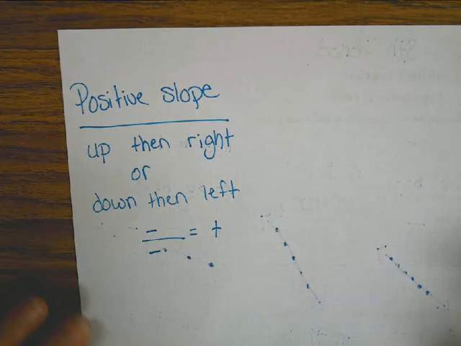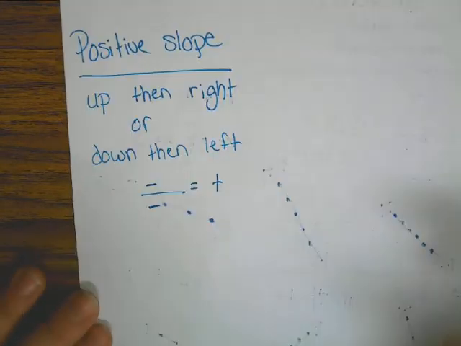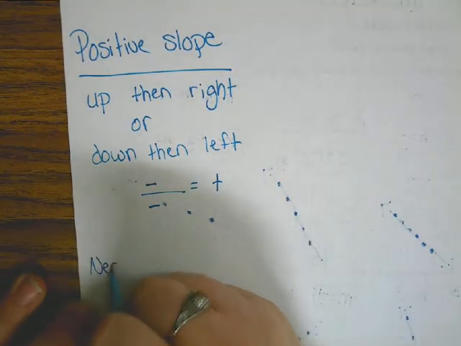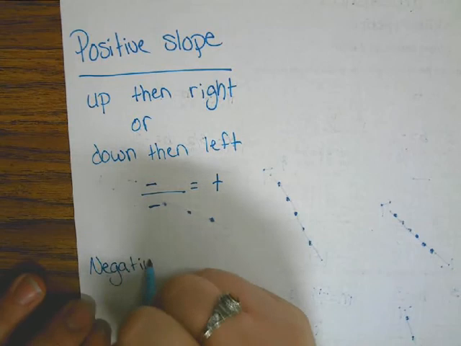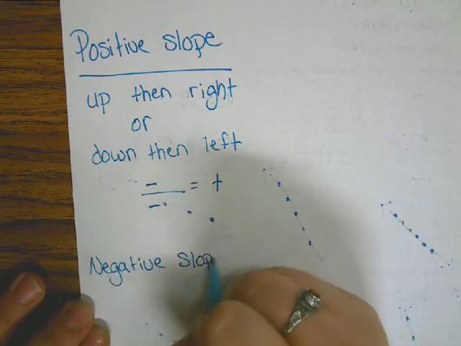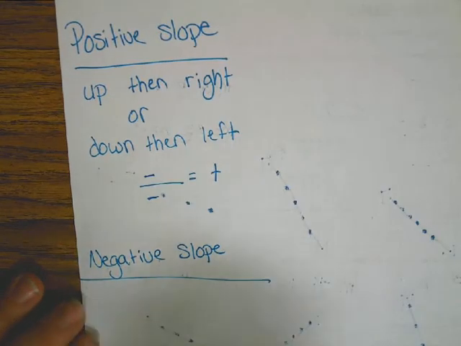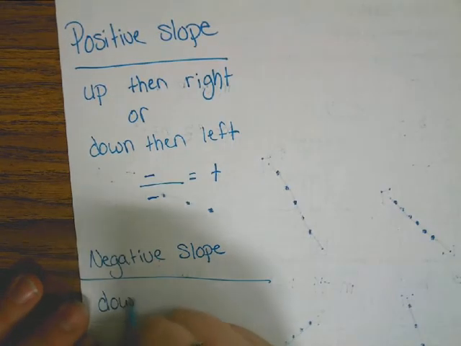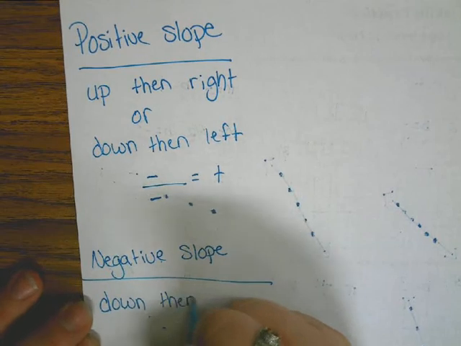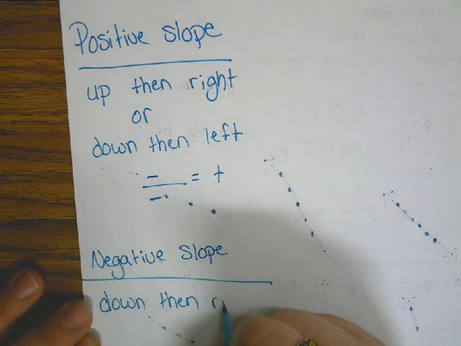So if you have a negative slope, which way do we go first? Down, then what? Right or left? Right. Down, then right. Or what else could you do?